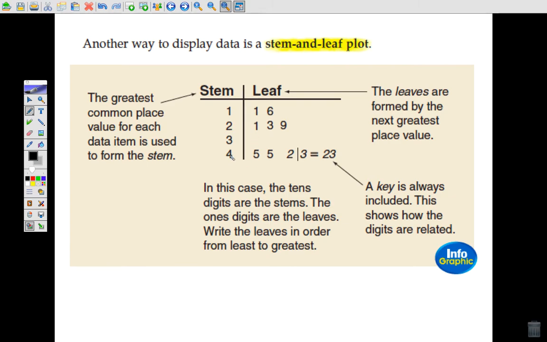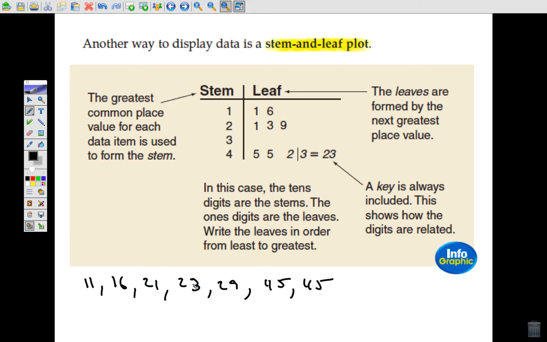The largest number is 45, and there were 2 45s. So if I wanted to recreate this list, it would be 11, 16, 21, 23, 29. There's no 30s, right? So then we go to 45 and 45.